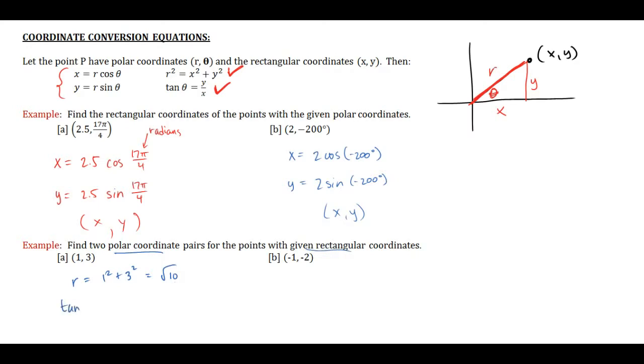And on a calculator, I just figure out the angle. I set it up as tangent theta equals 3 over 1, and now I take the arctan and get the angle, whatever the arctangent of 3 is. If you want degrees, put it in degrees. If you want radians, put it in radians, and you'll be given r and theta.